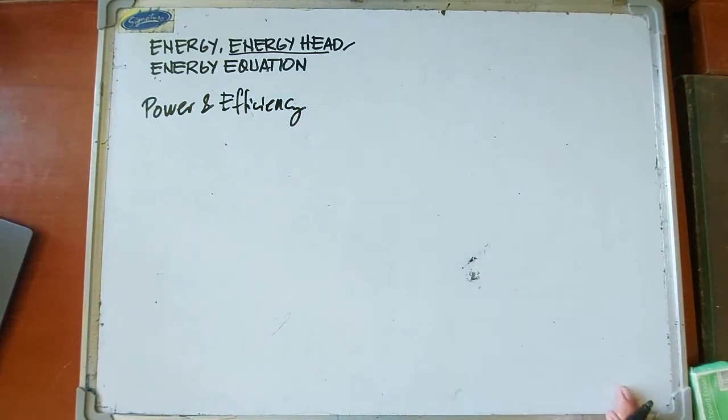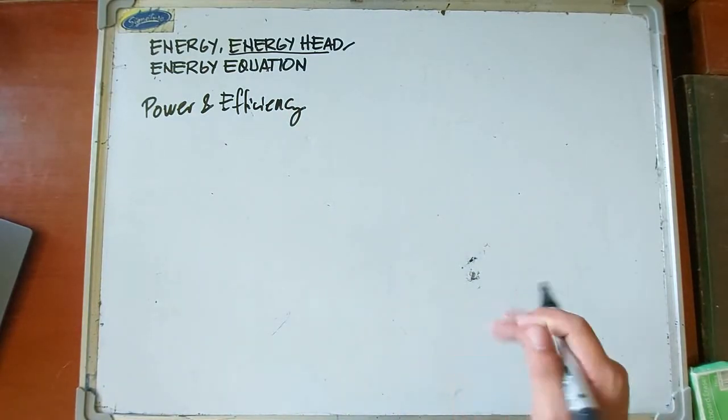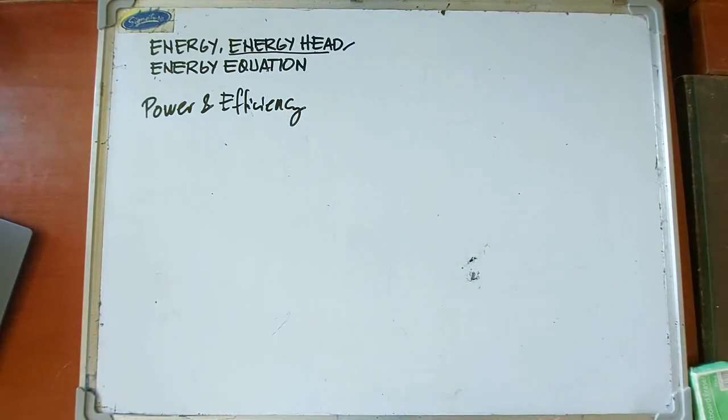So what is power? I know these concepts are not new to you. I believe they were discussed before, in high school perhaps, or in your physics or chemistry classes.